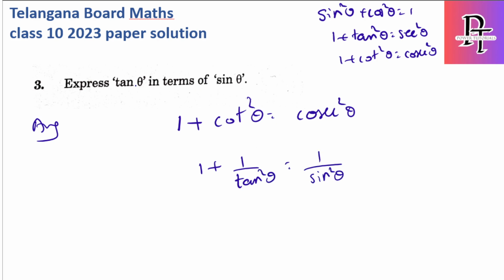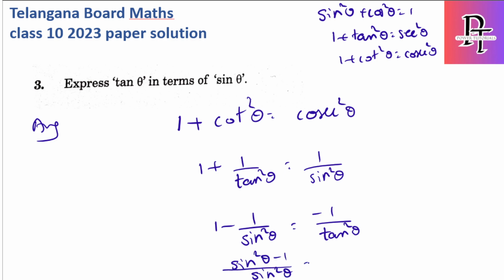What are they asking? Tan in terms of sin. So I will write 1 minus 1 by sin square theta is equal to minus 1 by tan square theta. Now take LCM. This becomes (sin square theta minus 1) by sin square theta is equal to minus 1 by tan square theta.